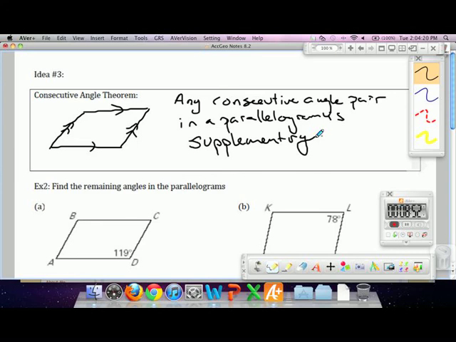Any two consecutive angles are always supplementary. Measure angles 1, 2, 3, and 4: 1 plus 2 is 180, 2 plus 3 is 180, 3 plus 4 is 180, 4 plus 1 is 180.